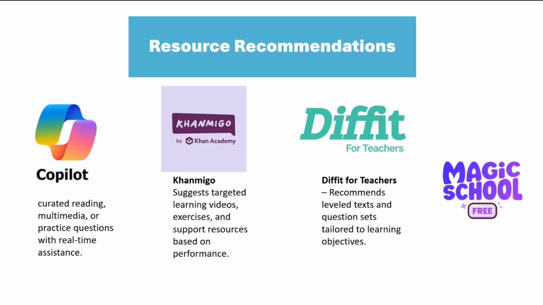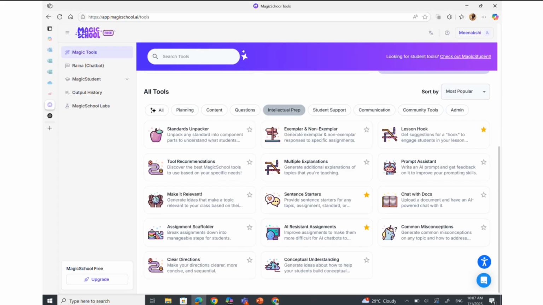So each child needs to meet that need according to himself or herself. On Khanmigo, on Defit, on Math Progress, you can actually tailor these needs and ask only those questions that pertain to that particular learning objective. And of course, the same goes for Magic School as well. You can actually have tailored pieces.